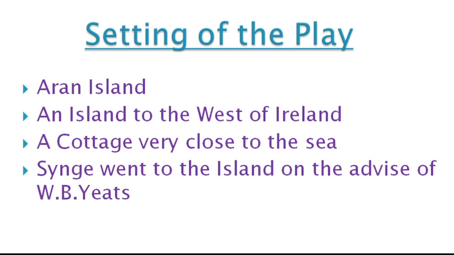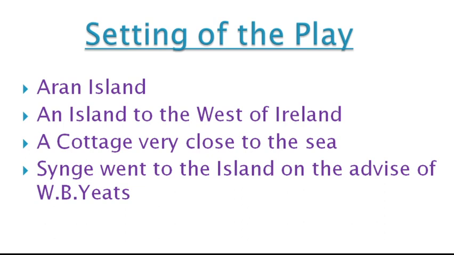The short play is about the calamities inflicted by the sea on a family of fishermen. The suffering caused to the fisherman's family on an island to the west of Ireland.